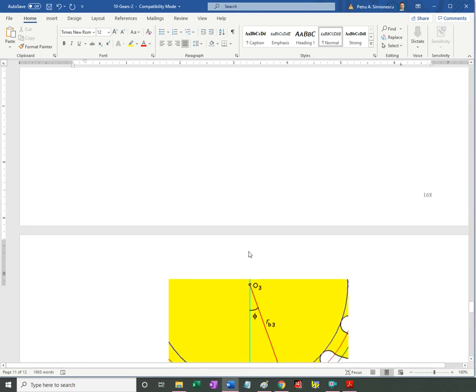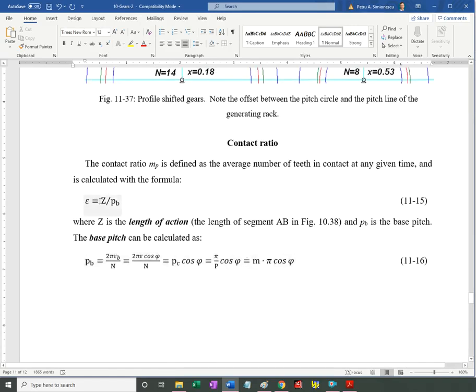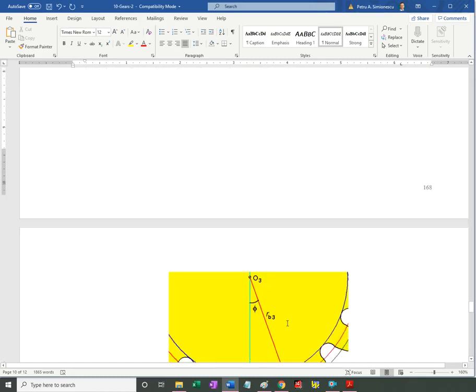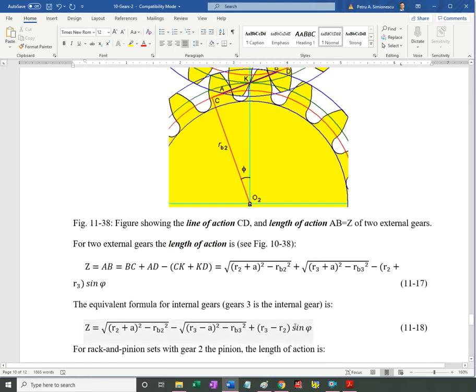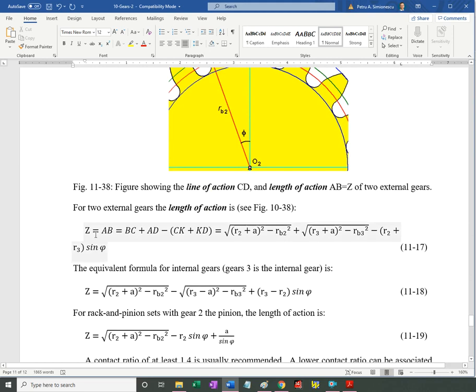Here Z is the length of action. The base circle pitch you can calculate as a function of circular pitch, and ultimately as a function of module or diameter pitch P, by the use of the pressure angle, the rack angle. And there we have it.